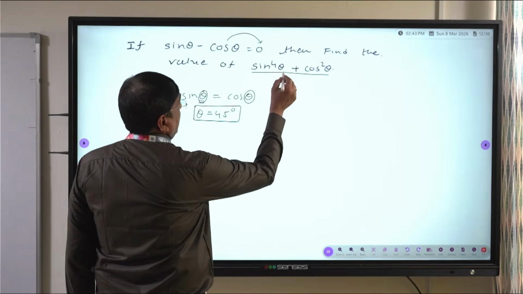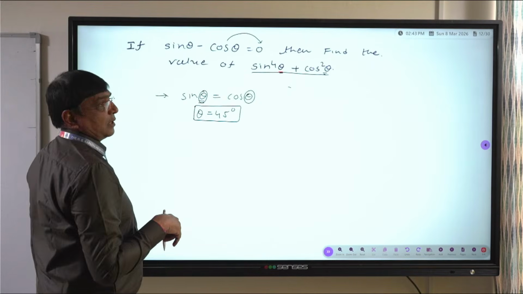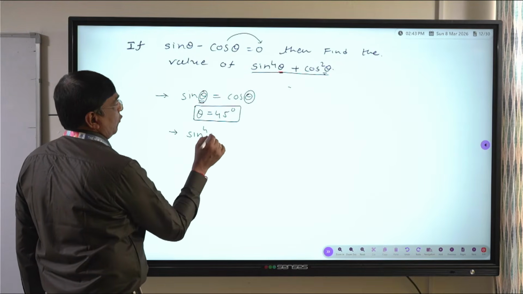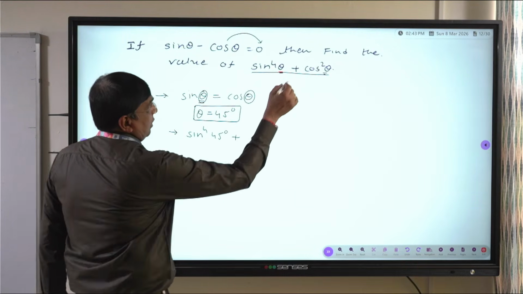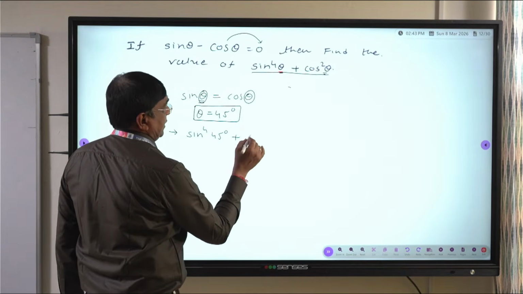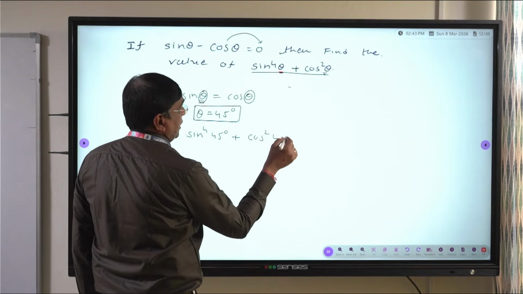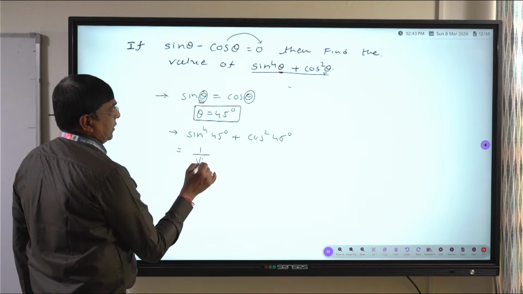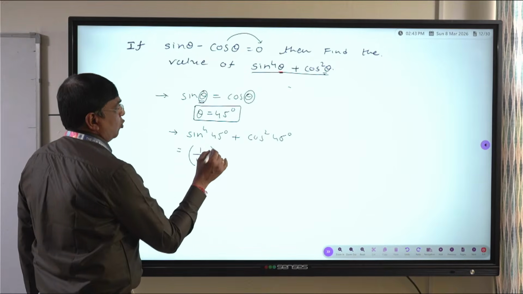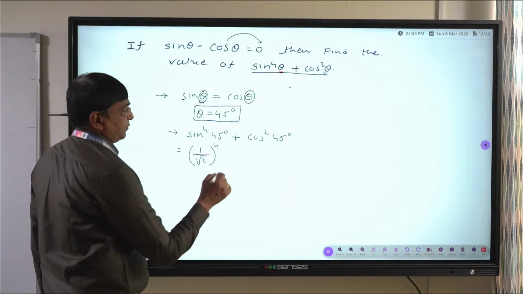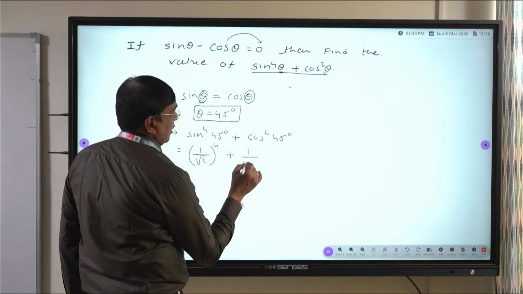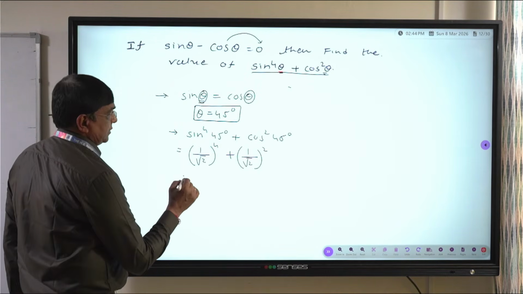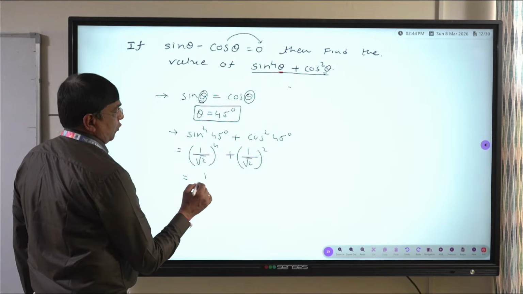That value of theta substitute in the sin and cos. So sin raised to 4, 45 value of theta. Cos square theta, cos square 45. According to table, sin 45, 1 upon root 2 raised to 4. Cos 45 also 1 upon root 2, the square. It equals 1 raised to 4, 1.